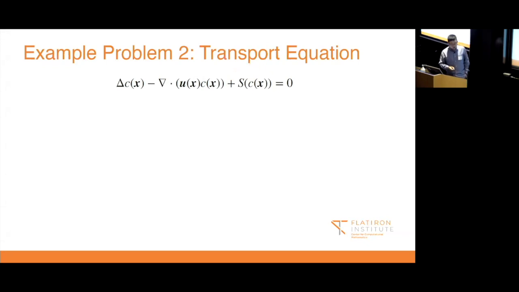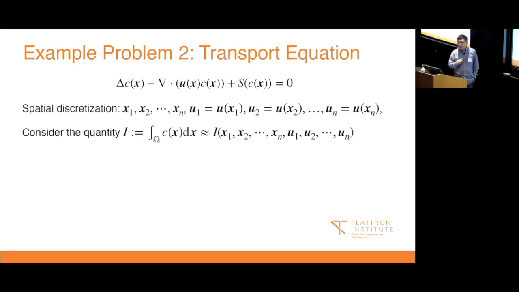From a traditional PDE solving viewpoint, you can apply certain spatial discretization. Say you have a discretization of a domain x1 to xn, and say you know the velocity field u. The unknown function is c, of course. You also get the discretized velocity field at those grids, u1 to un.